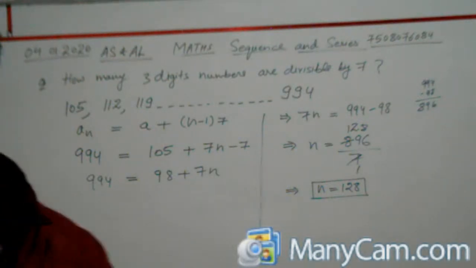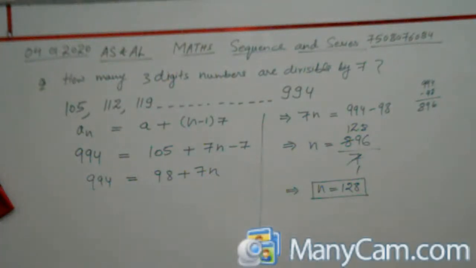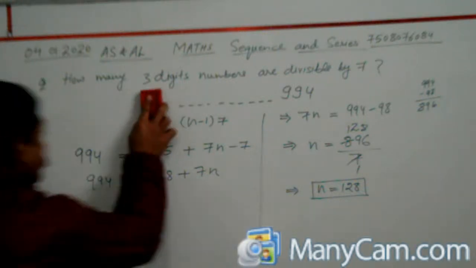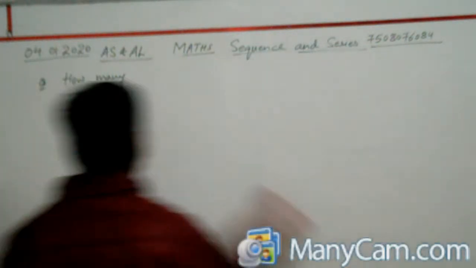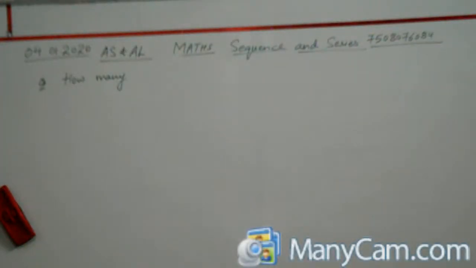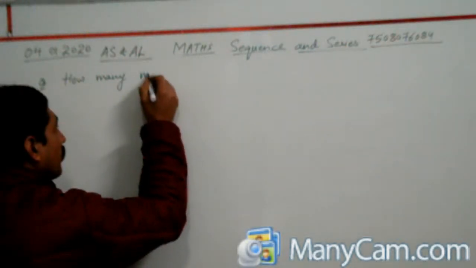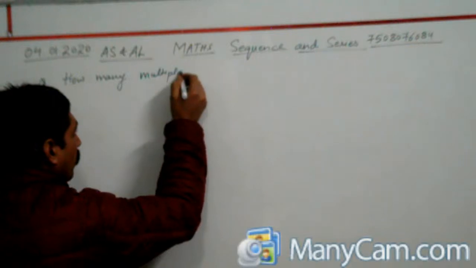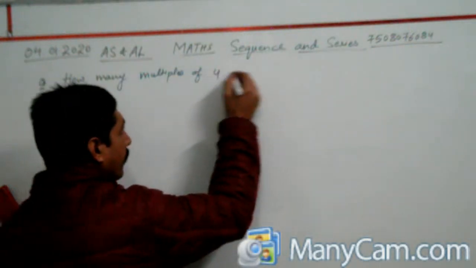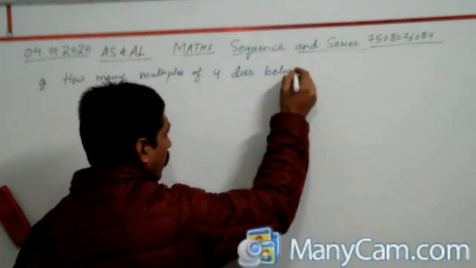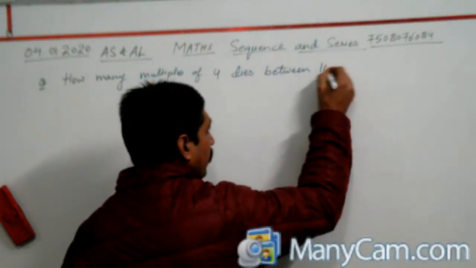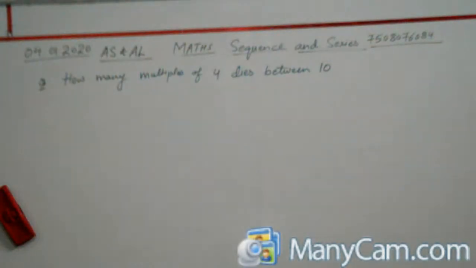Okay, so let's take one more question. How many multiples of 4 lie between 10 and 250?